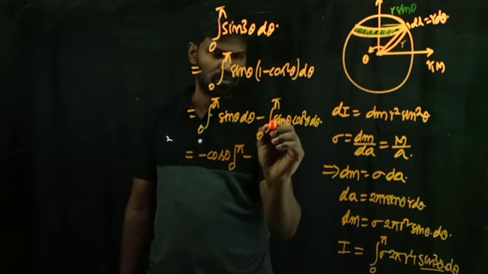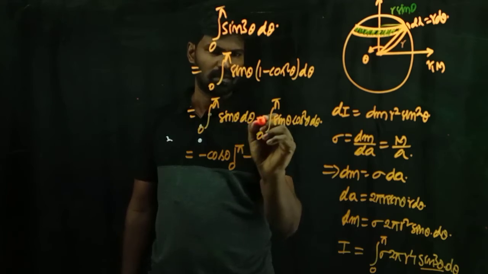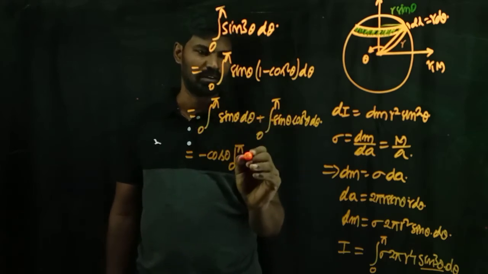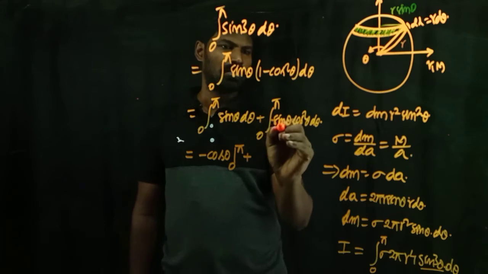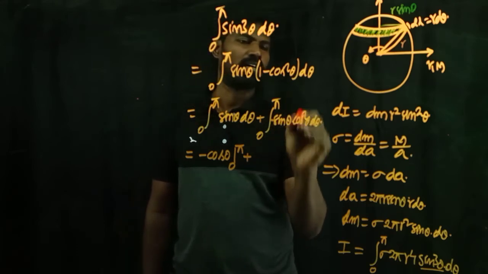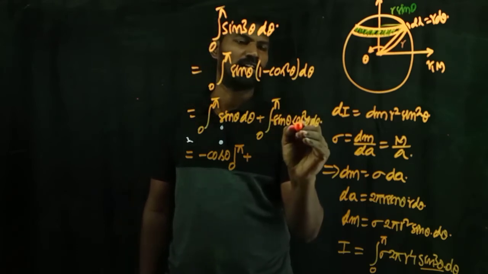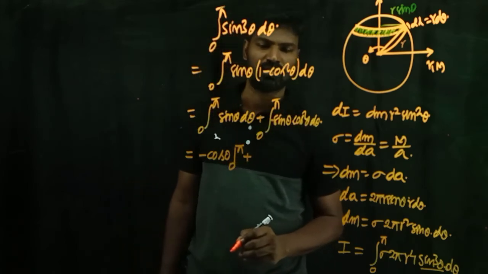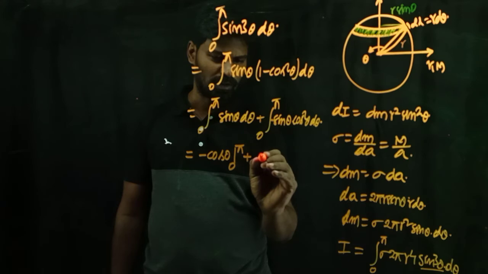So if you put an extra minus over here, this I will make plus, because plus into minus sin theta cos square theta, because the differentiation of cos theta is minus sin theta. So it is in the form of f power n of x into f dash of x, which is nothing but f power n plus 1.